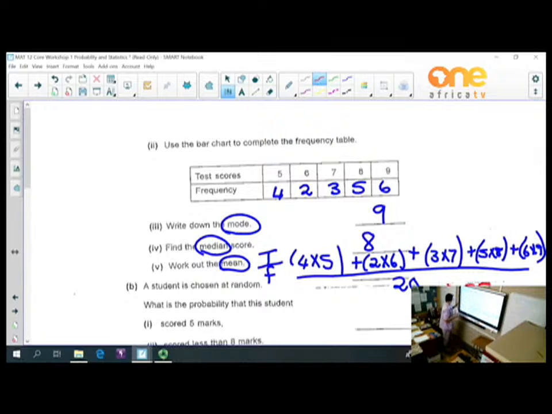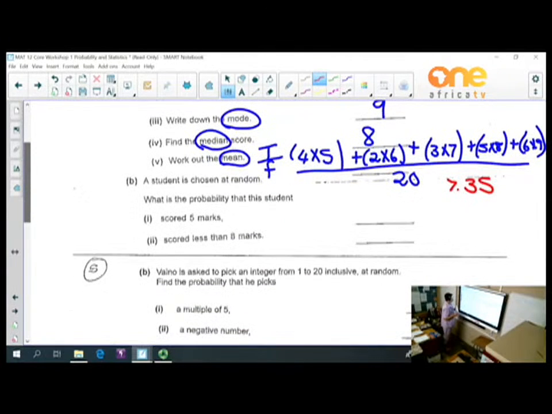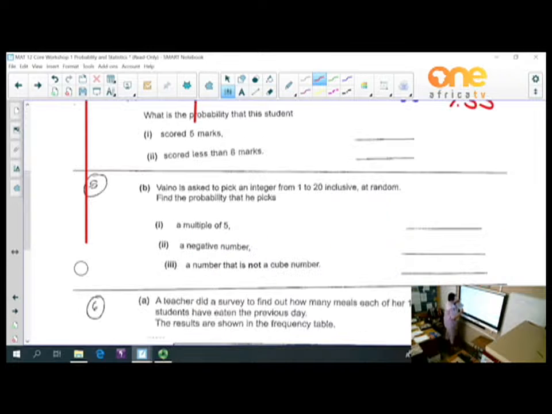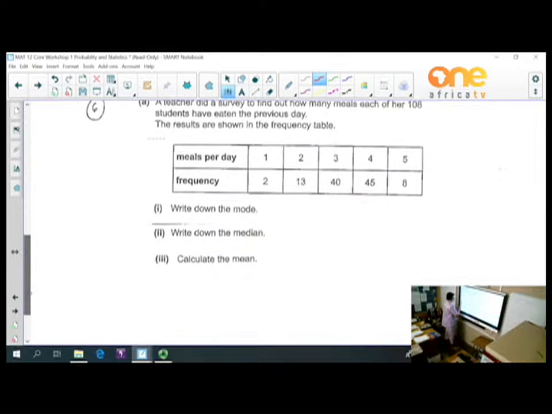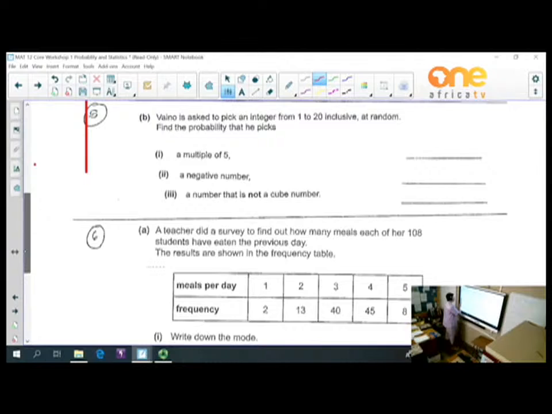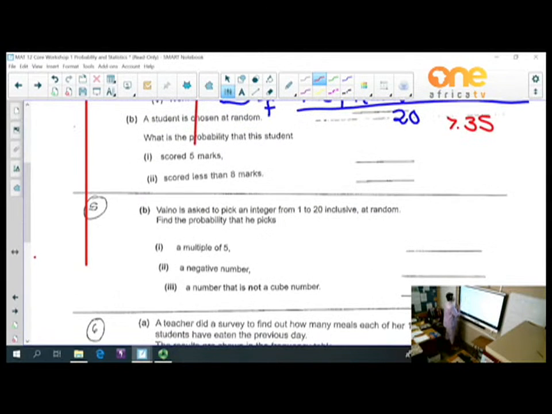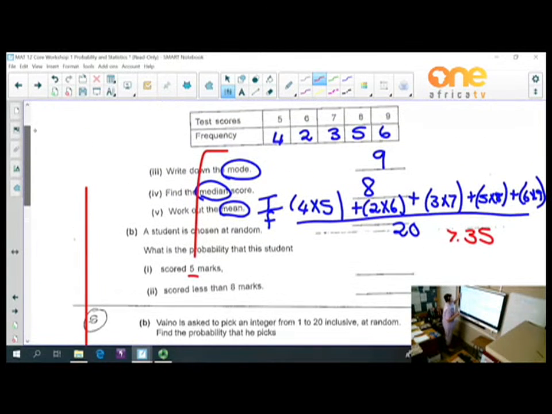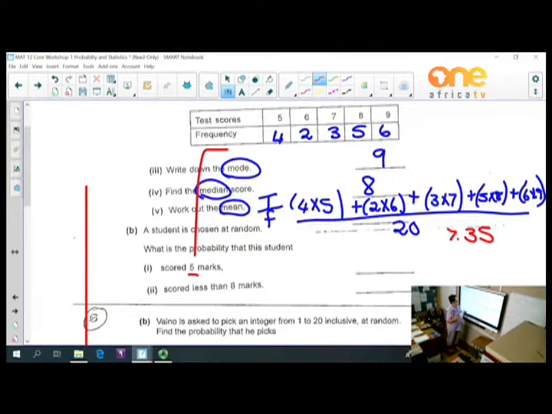Number B, a student is chosen at random. What is the probability that he scored 5 marks? So if we look in our table now, there were 4 who scored 5 marks, and the total is 20, 4 out of 20, which is 1 out of 5.